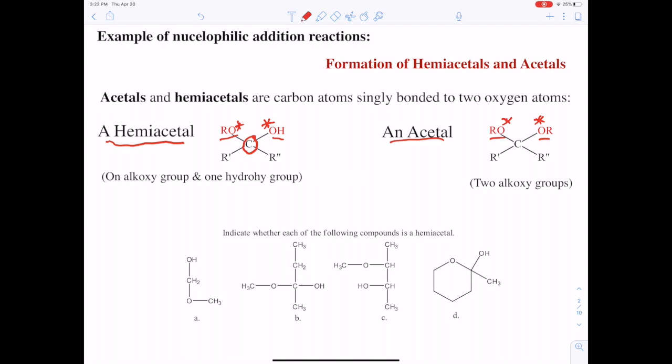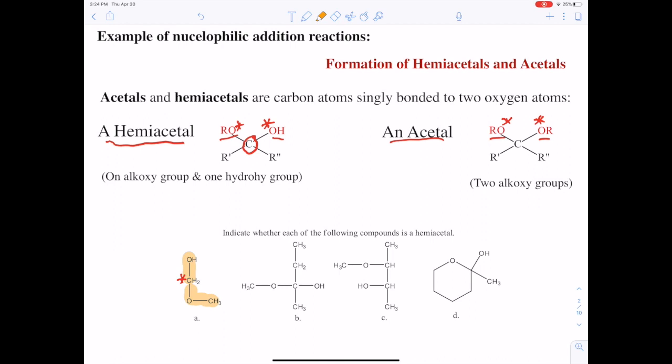So which of these compounds at the bottom of the screen contain hemiacetals? Well, compound A, if you look here, there is a hydroxyl group on that carbon, and then on the same carbon, a methoxy group. So it's almost like one carbon has an alcohol and also an ether type connection, COH, COC.